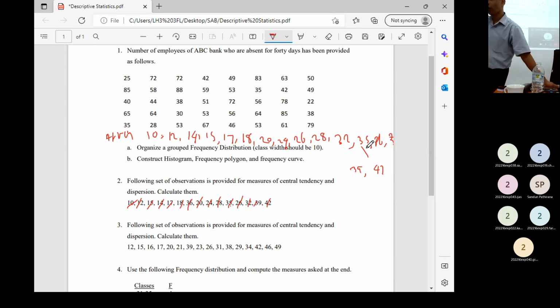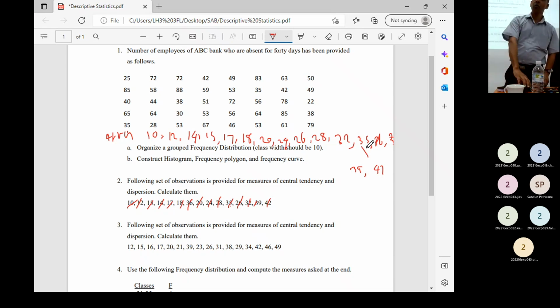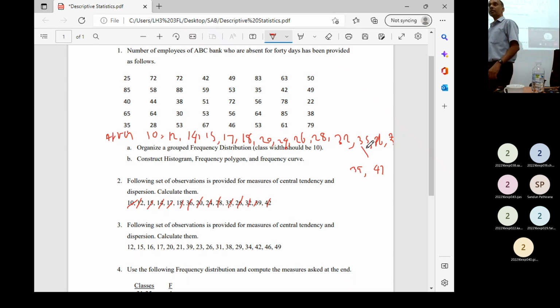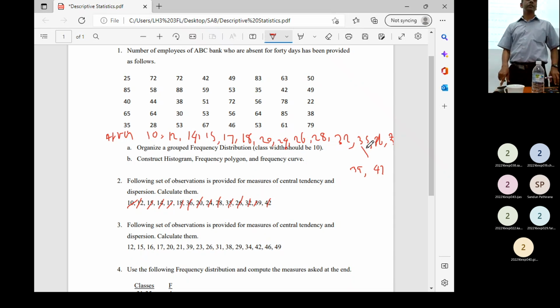Under that, write down: when we have more data, we can use a stem and leaf diagram to organize an array.